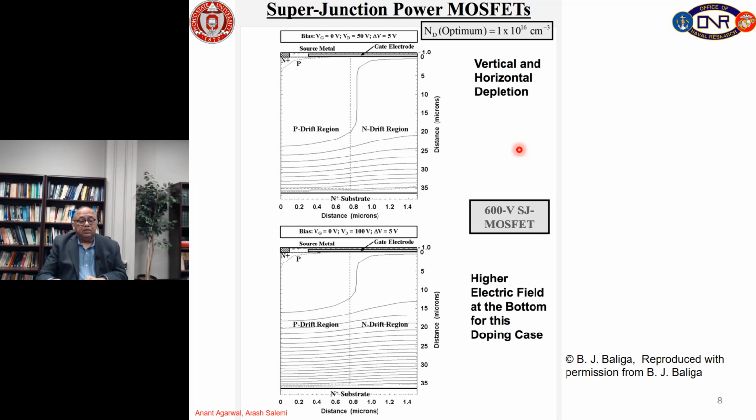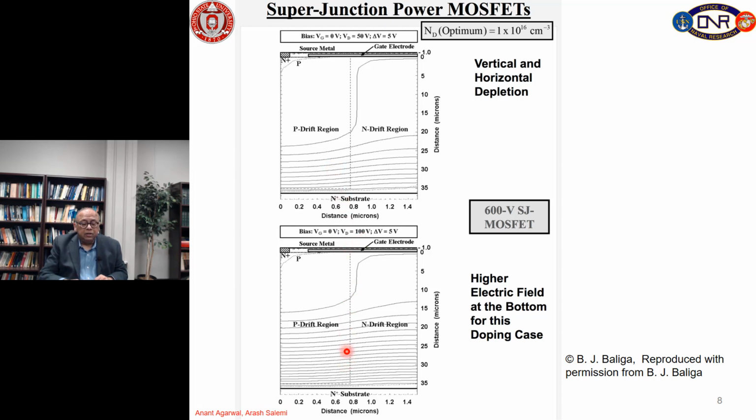All right. So, now we have a 600 volt device, again from Professor Baliga's lecture notes, and you can see at 50 volts it's almost fully depleted, but not quite, and here is at 100 volts.